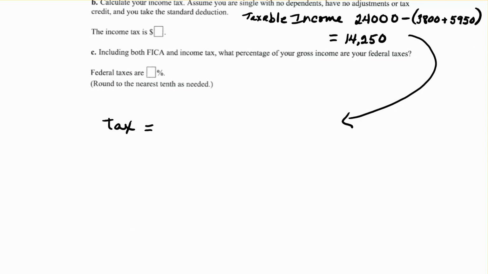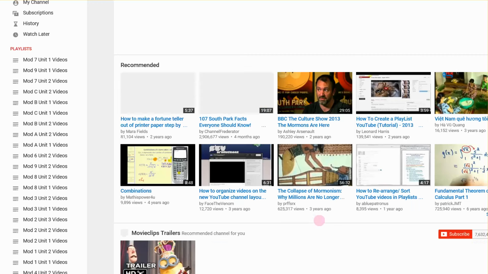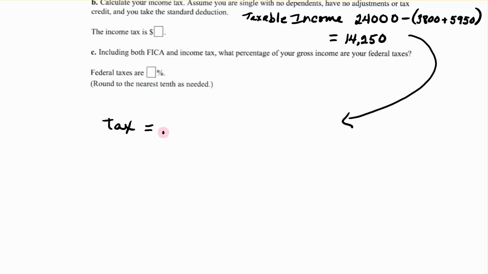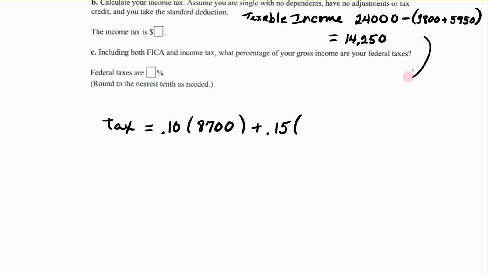So she's going to do 10% of 8,700 plus 15% of that next amount: she had 14,250, and we subtract the 8,700.